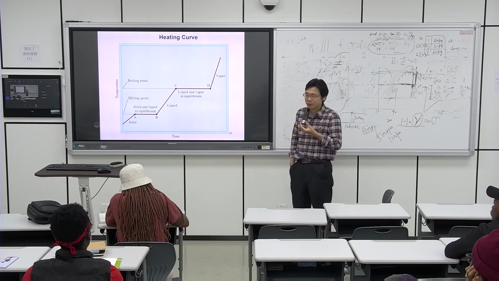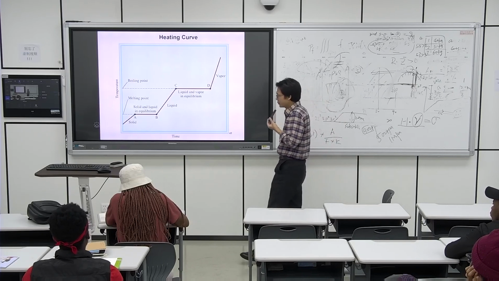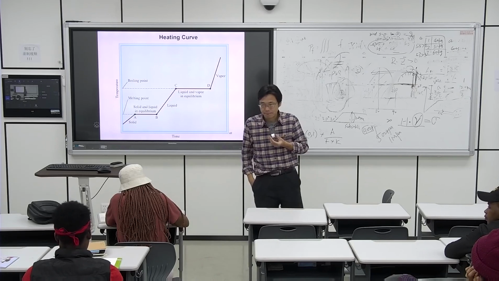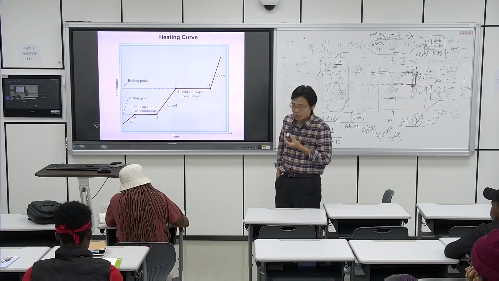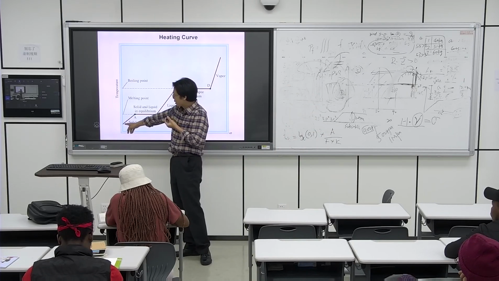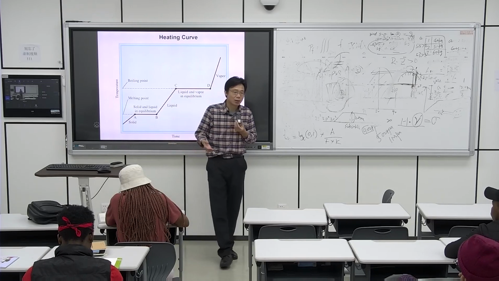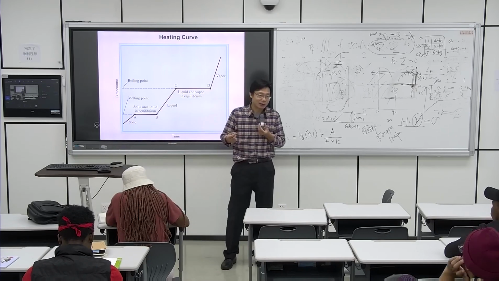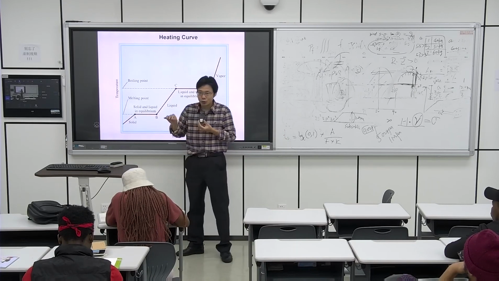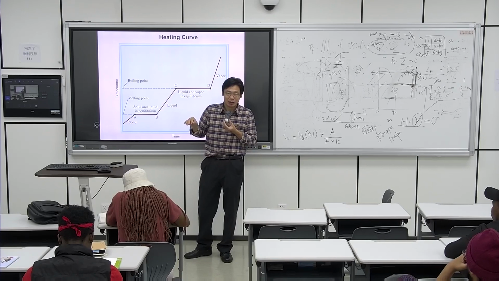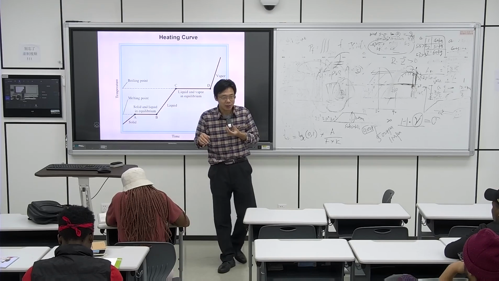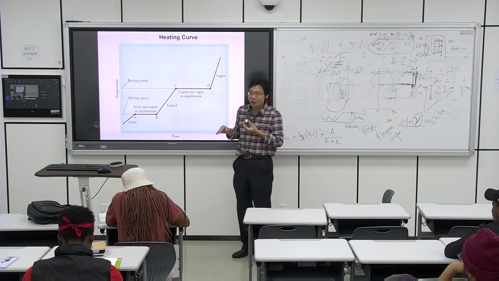So basically, for example, we heat the substance, and at the solid state, if we give the energy, the temperature will increase, right? But at the melting point, now it changed to liquid. But during this melting time, the temperature will not increase. Why?